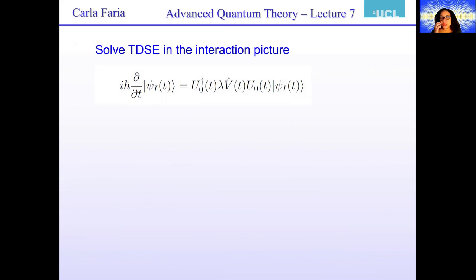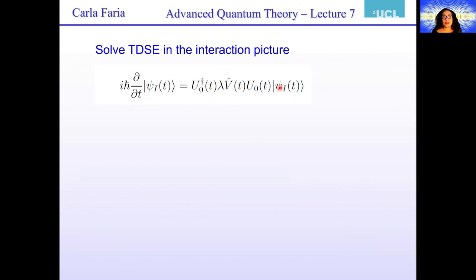And what we're going to do is we would like to solve the time-dependent Schrodinger equation in the interaction picture. So this is the Hamiltonian in the interaction picture, as we have derived in our last lecture. This is the time derivative of the state vector in the interaction picture.